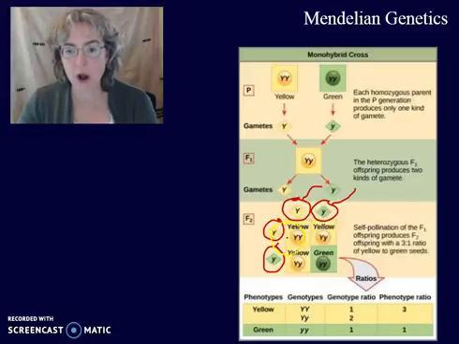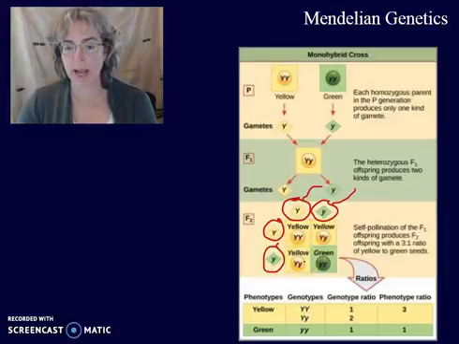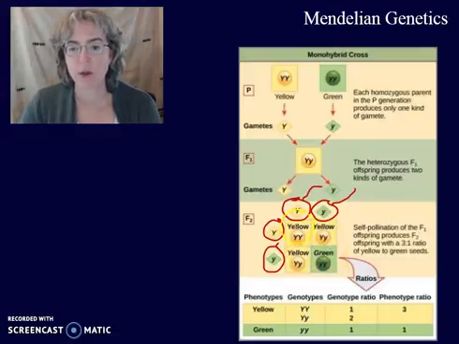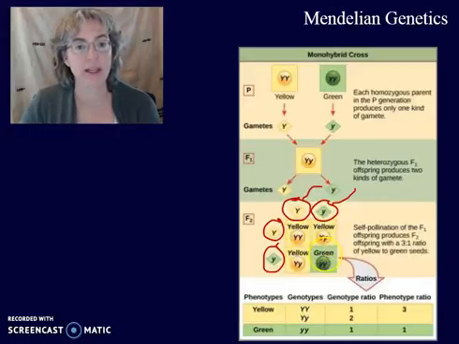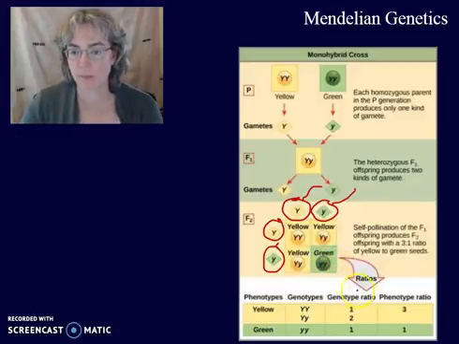And these are all of the offspring that these two can produce. So they can produce 3 yellow-seeded plants to every 1 green-seeded plant. So yellow, yellow, yellow, green, that's the phenotype, and the letters represent the genotype or the alleles that are represented in the genome. And then we've got the ratios down here.